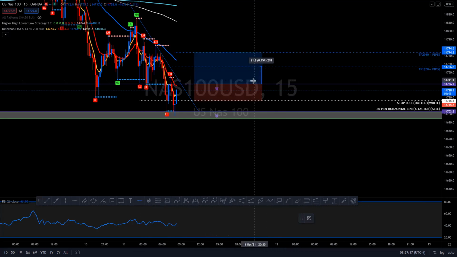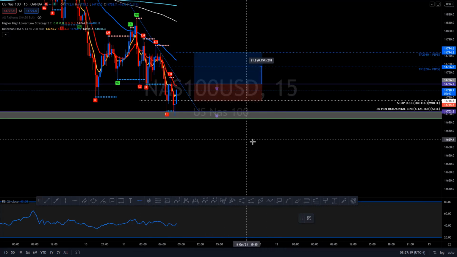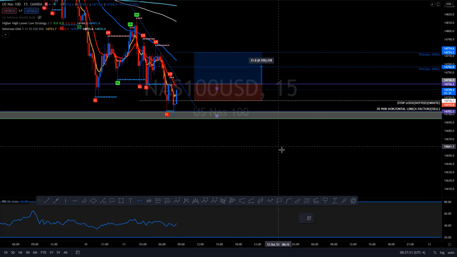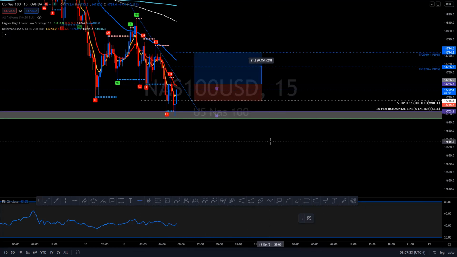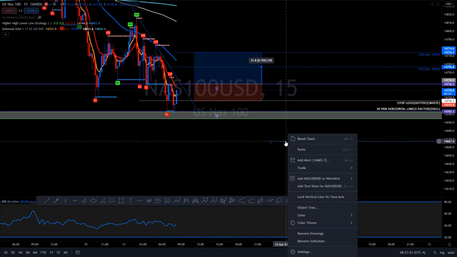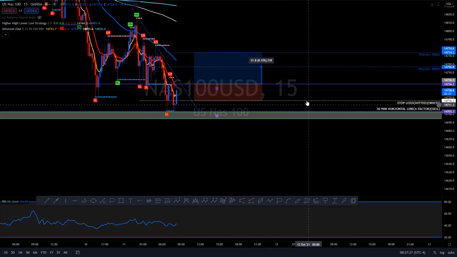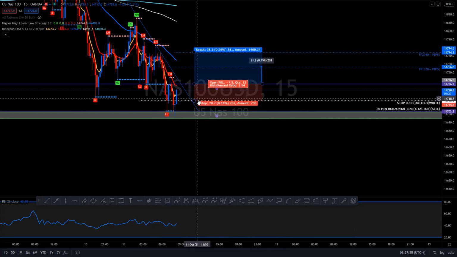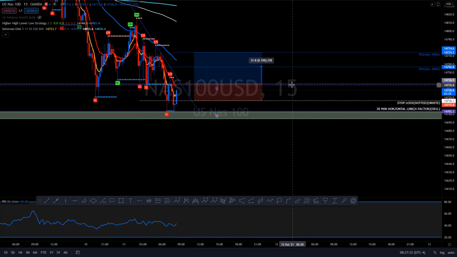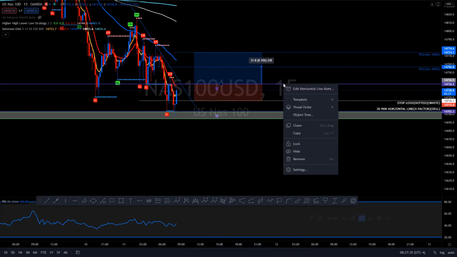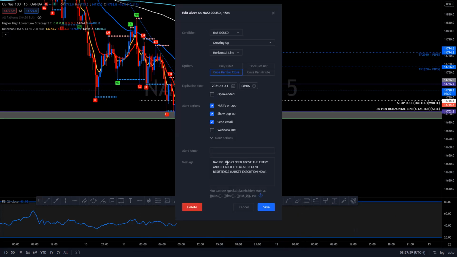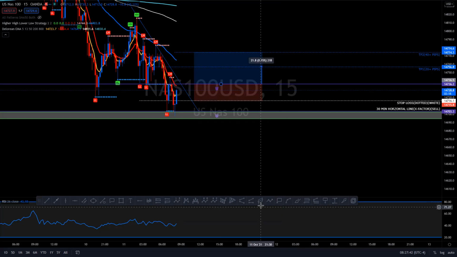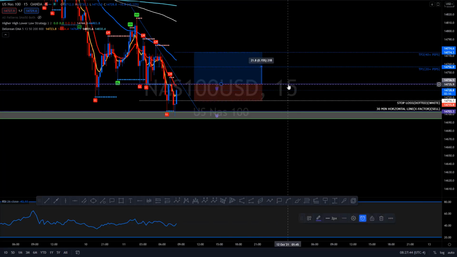I did my stop loss. So now I'm going to, matter of fact, I'm going to take this horizontal line out. Well, I don't necessarily have to do that. Yeah, I already have my entry line here.